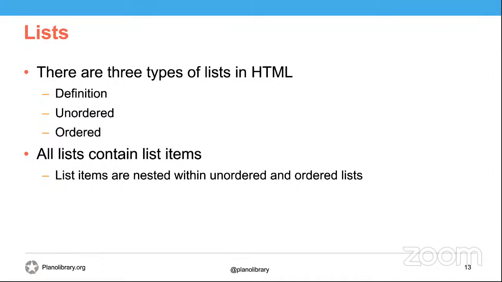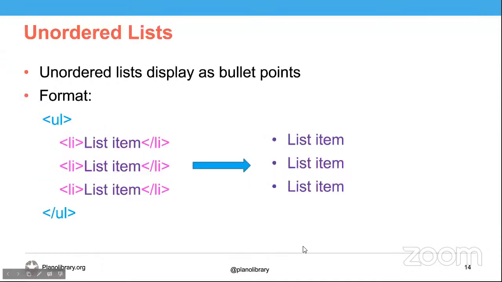Let's take a look at unordered lists for further clarification. An unordered list is, again, a type of list in HTML that is displayed by default as a vertical bulleted list. An unordered list is specified by using UL within opening and closing tags.